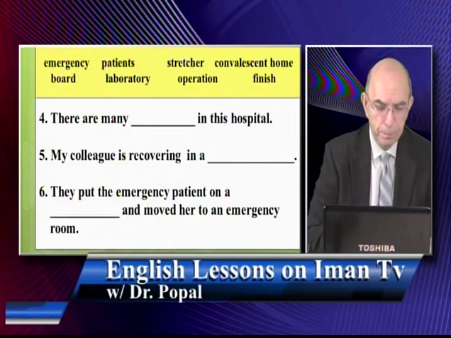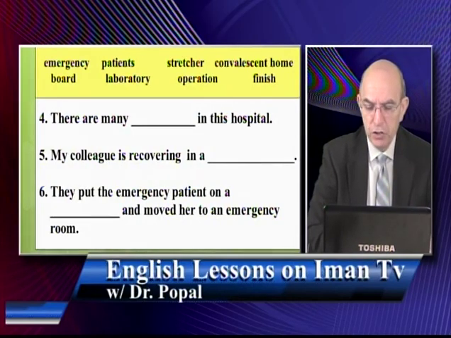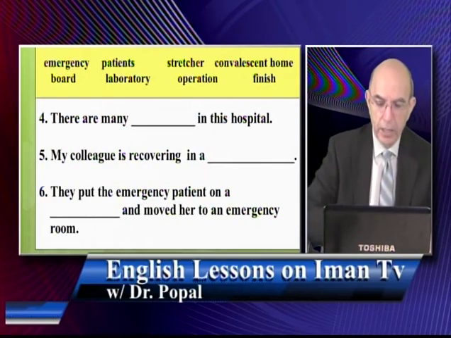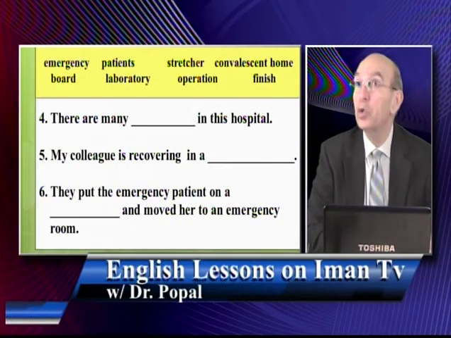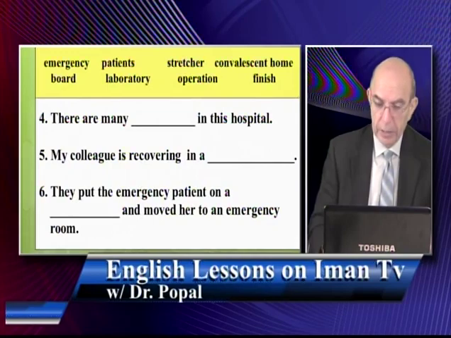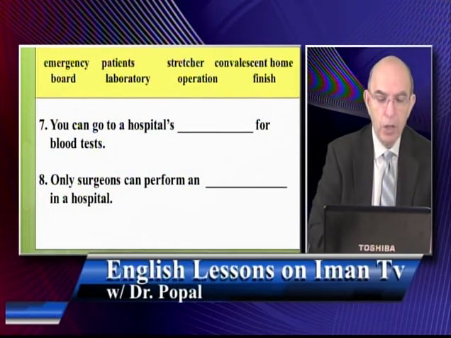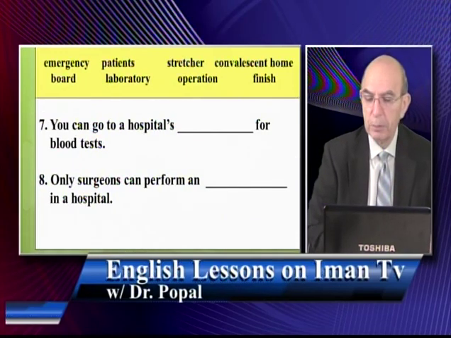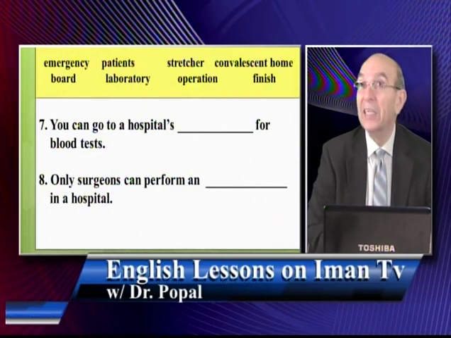Number 6. They put the emergency patient on a blank and moved her to an emergency room. What did they put the emergency patient on? And then, number 7, you can go to a hospital for a blood test.